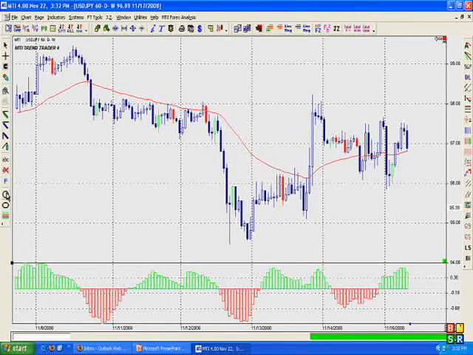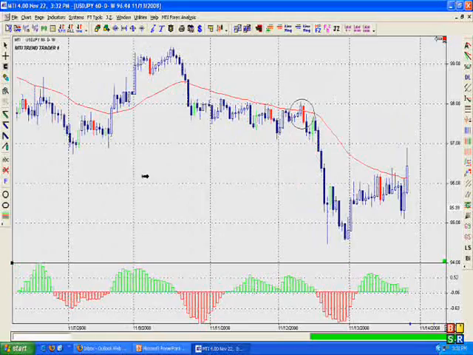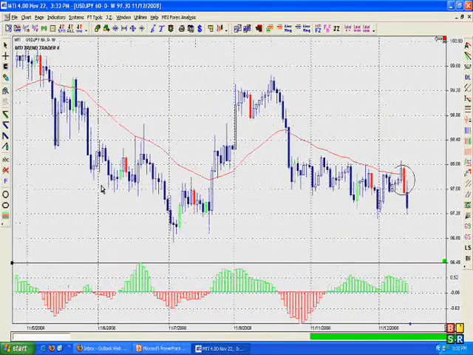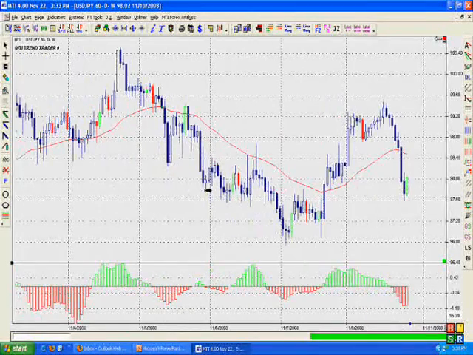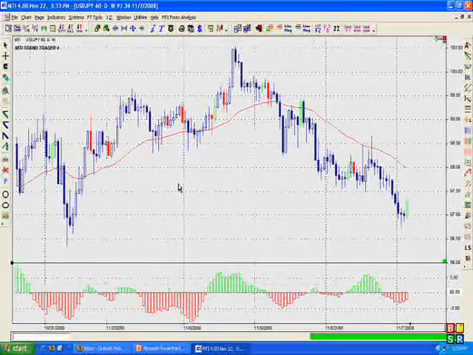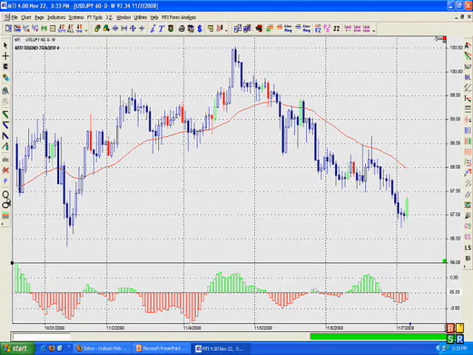And here is the bearish engulfing line. Here I see the bullish engulfing line right here, and another evening star right up here.